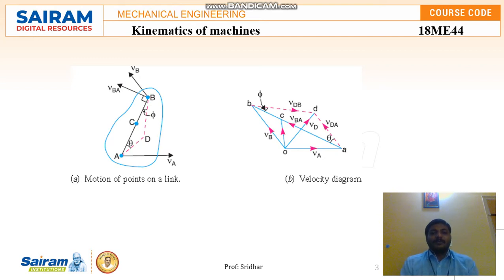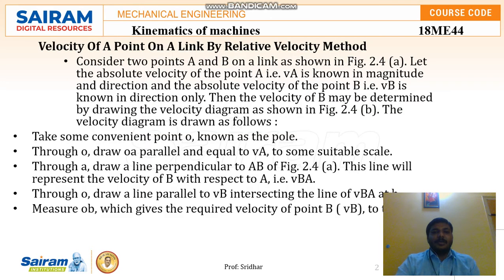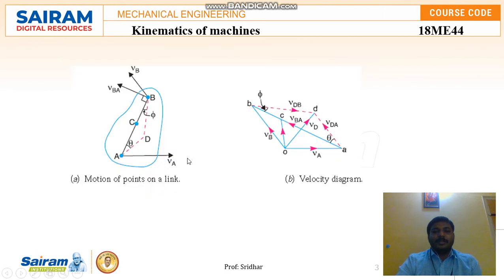So this forms a vector showing the motion of a link, and the velocity diagram gives the velocity of a point on a link by the relative velocity method. By using this method we can find both the motion and the velocity of these links.